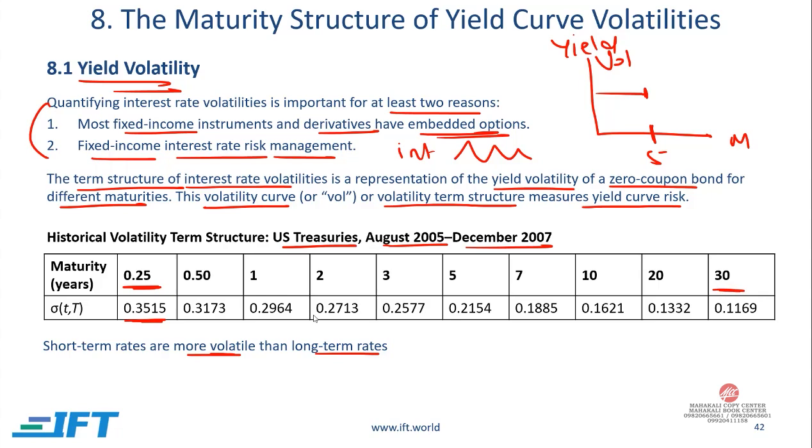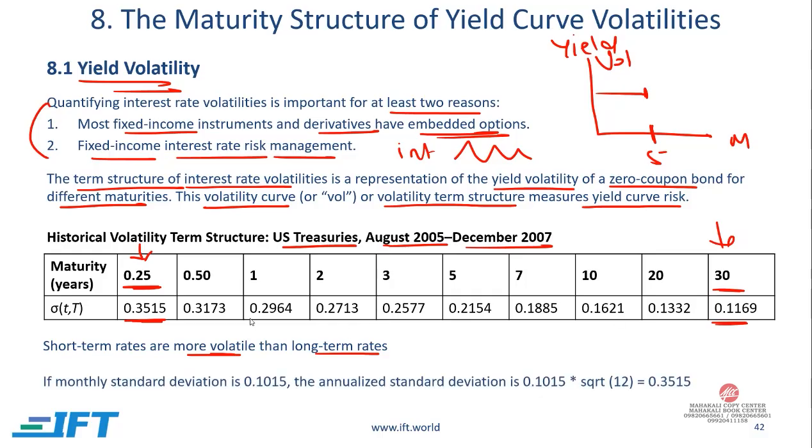A major reason for this is that monetary policy has a much larger impact on shorter-term instruments. And with monetary policy, there is more uncertainty. The longer-term instruments are much less impacted by monetary policy. Therefore, the volatility is less.